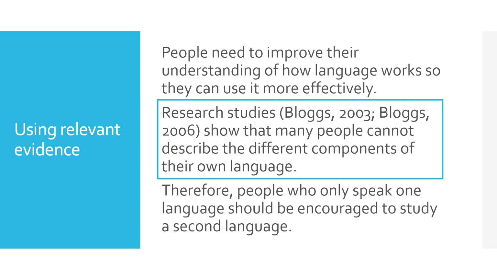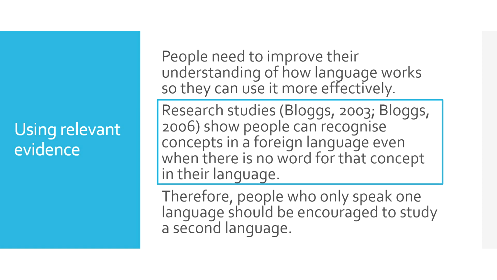And then we move on to the same conclusion: people who only speak one language should be encouraged to study a second language. However, the evidence does not support that learning a second language will help you understand the components of your own language. Thus, irrelevant evidence.